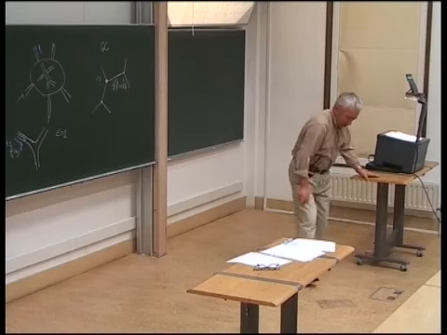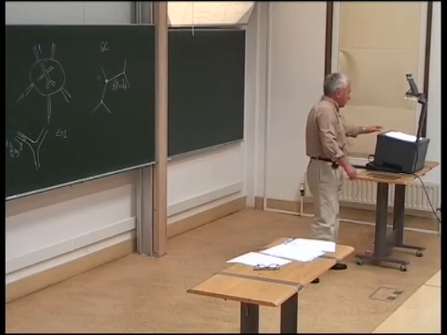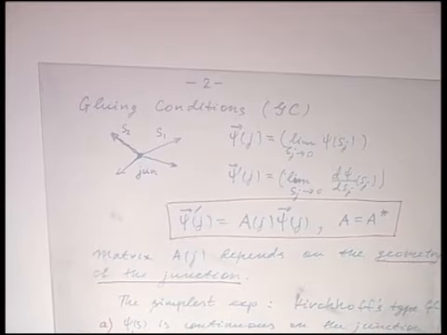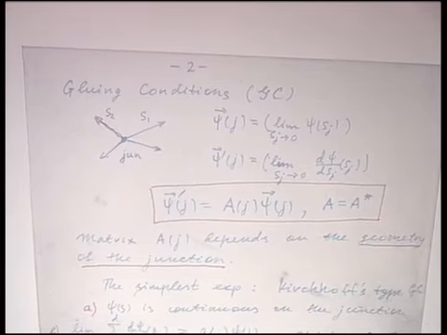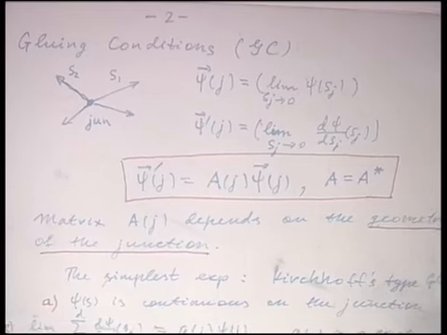This is a particular symplectic condition. Let's consider one particular vertex, one particular junction of the limiting quantum graph.